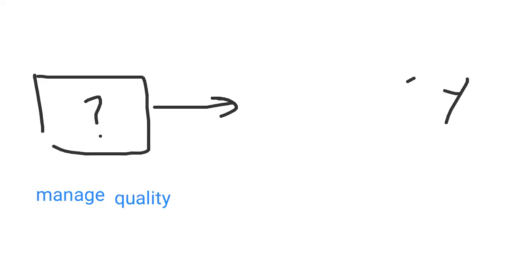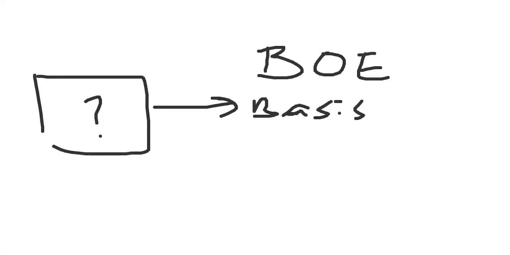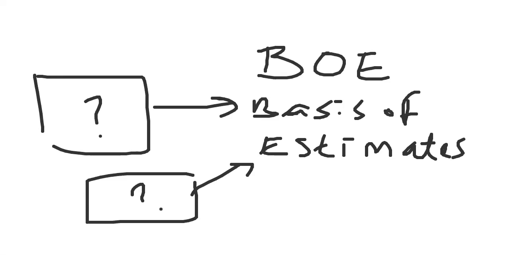All right. The next question I have for you is about an output known as the BOE, the basis of estimates. Where do we get a basis of estimates? So what I'm really asking you is, can you tell me the processes that you get a BOE?